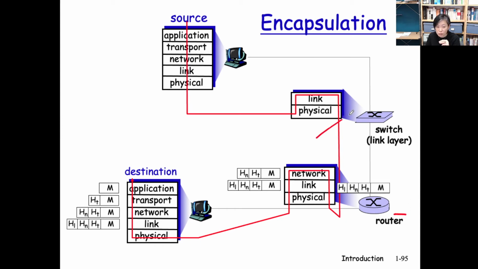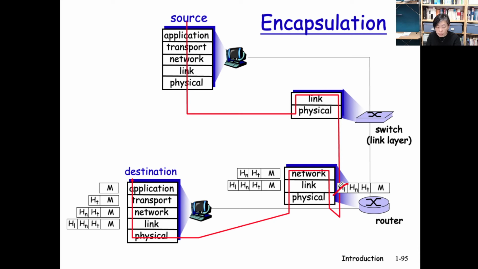Now I'm skipping the switch here because it's a link layer device. We'll not be able to cover the link layer chapter. So this message is going to arrive here at the router, received at the physical layer, and the signals get converted to the digital form. So we restore the original frame back, and that's passed up into the link layer. The link layer at the router is going to examine this header and see if there's any additional function that it needs to perform. When everything is done, guess what? This header is going to be removed.